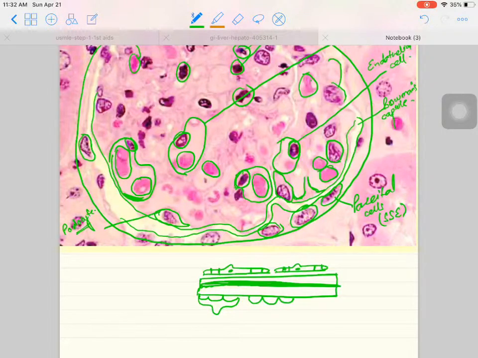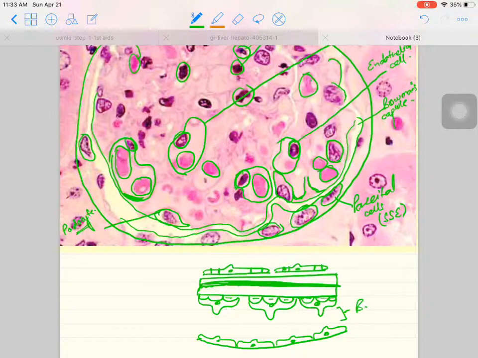Podocyte cells have the filtration slit and are negatively charged, and there is the parietal layer. This parietal layer is squamous cells, simple squamous. So here we have the space, that is the Bowman's space.